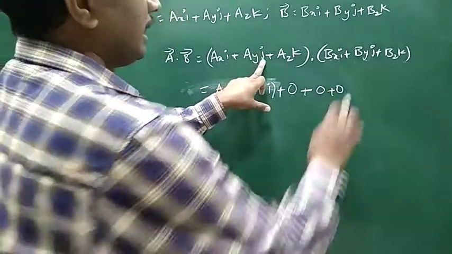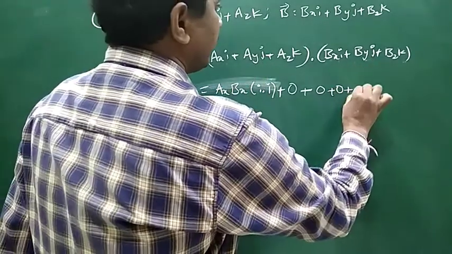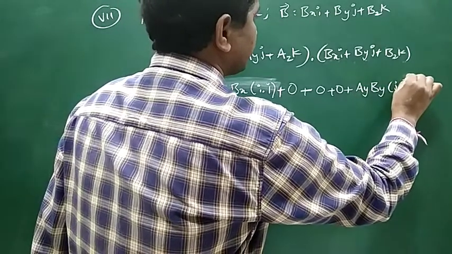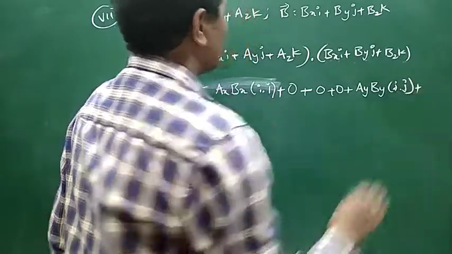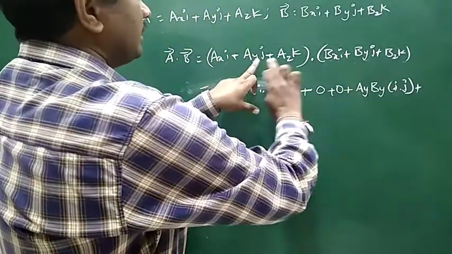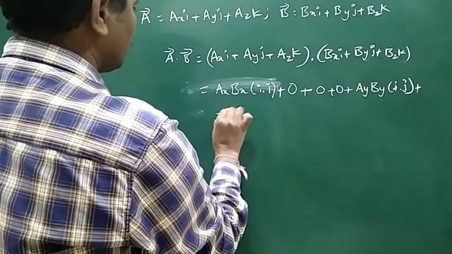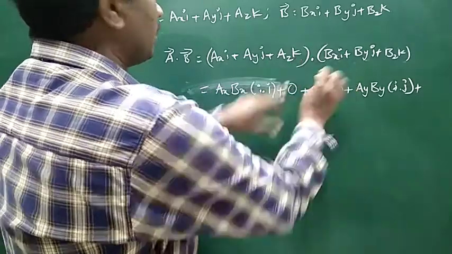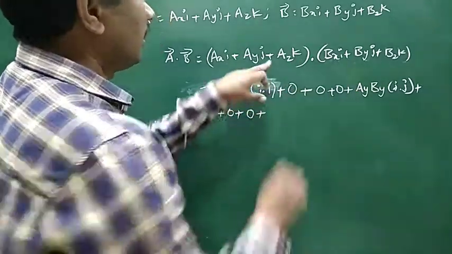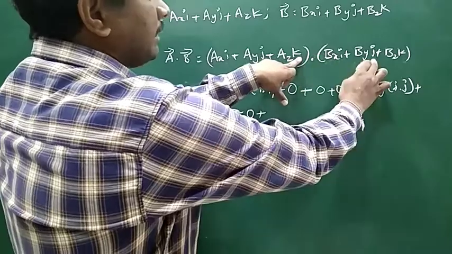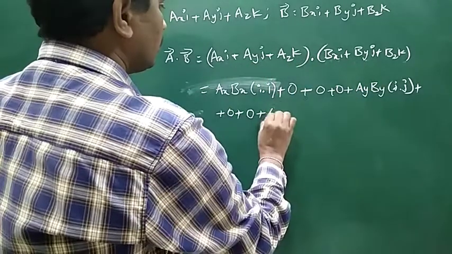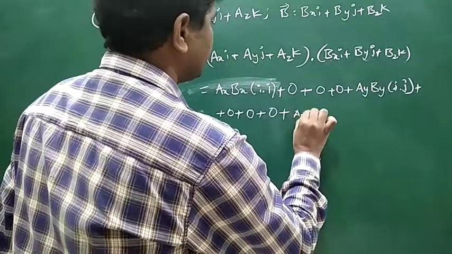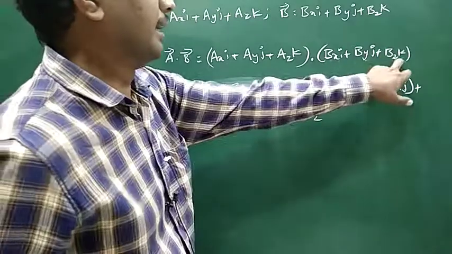Next, j dot j equal to 1, therefore ay by, j dot j. Next, ay bz, j dot k equal to 0, plus az into bx, k dot i equal to 0. Next, az into by, k dot j equal to 0, anything into 0 is 0. Finally az into bz, k dot k.